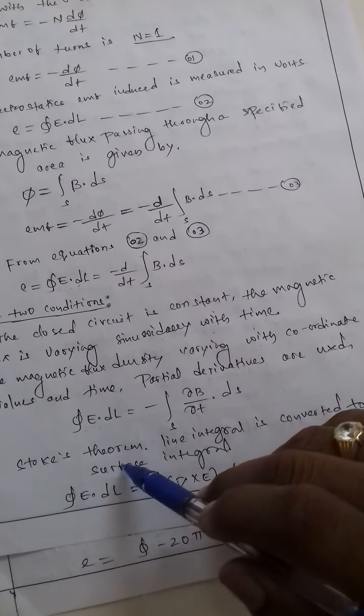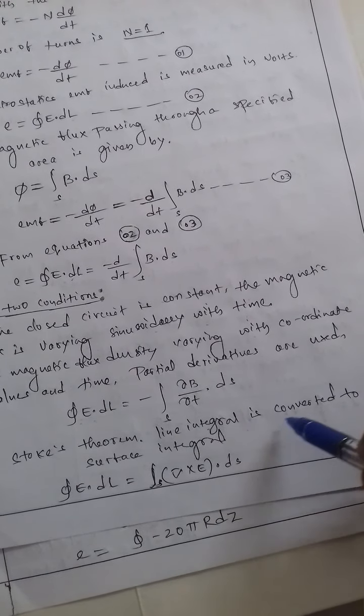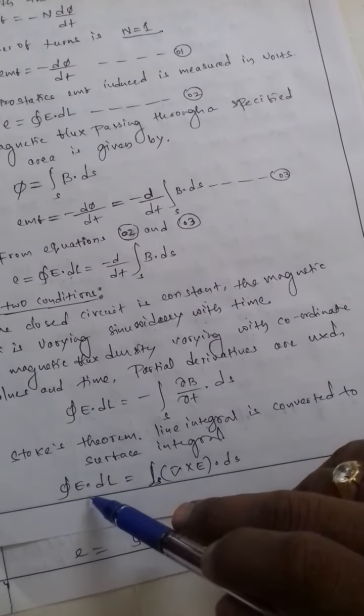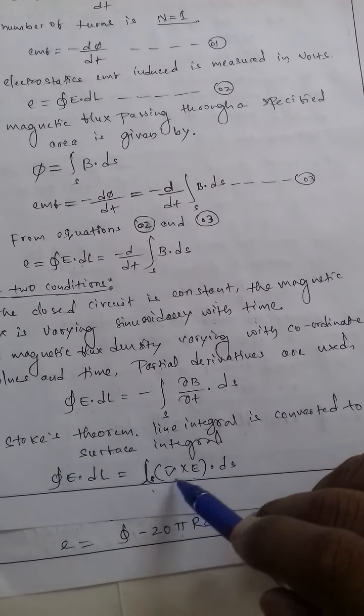dS. By Stokes theorem, the line integral is converted to the surface integral, so that closed integral E dot dl is equal to integral over S of del cross E dot dS.